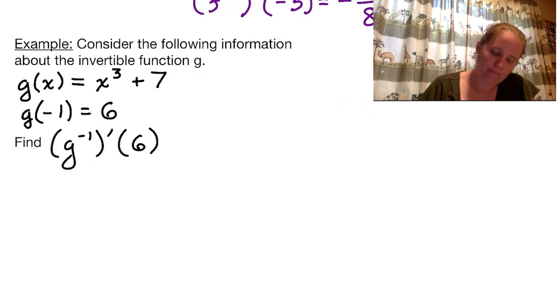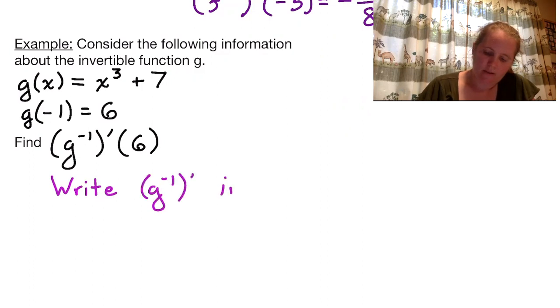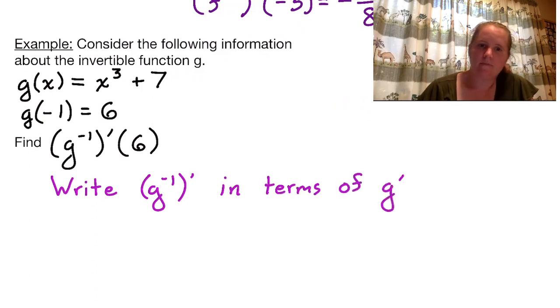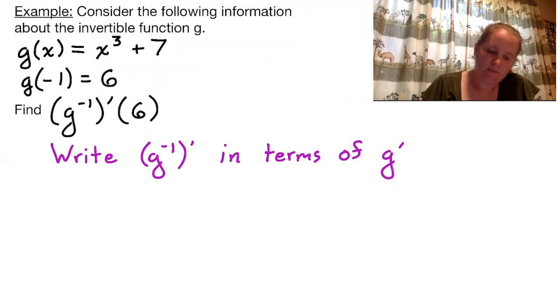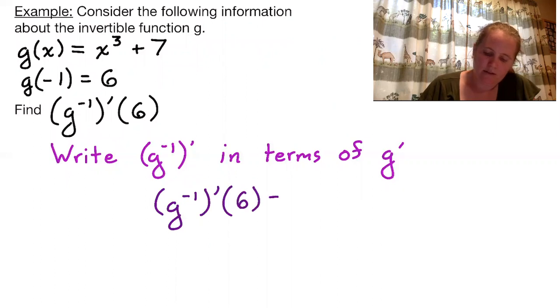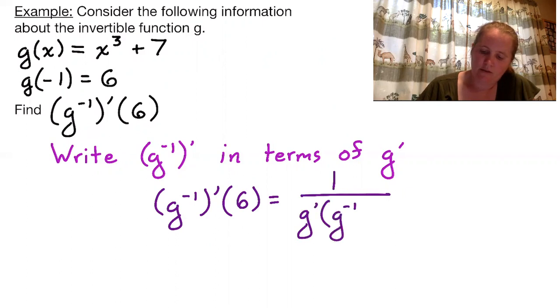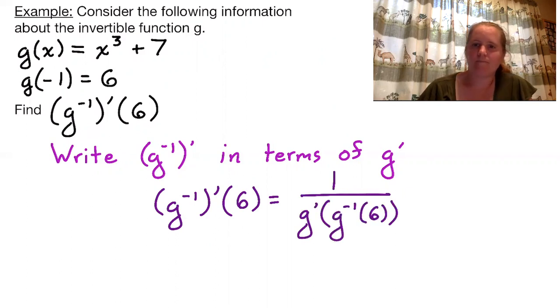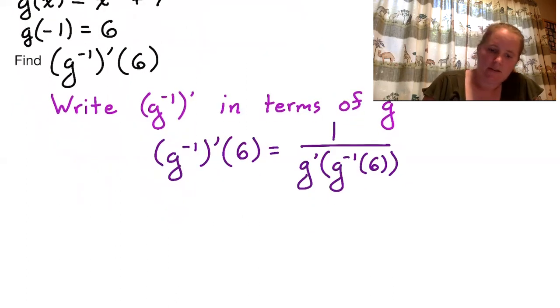So again, first thing, let's write g inverse prime in terms of g prime. We know that g inverse prime evaluated at 6 should be 1 over g prime of g inverse of 6. Next up, let's find g inverse of 6.